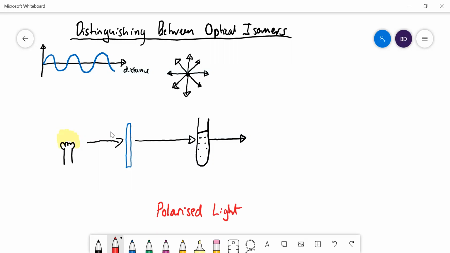So what I've got here is a water wave. On this axis you have the displacement, and on this axis you've got the progress, and the water wave is moving in this direction. As we know, it's a transverse wave, and light behaves in a very similar way.